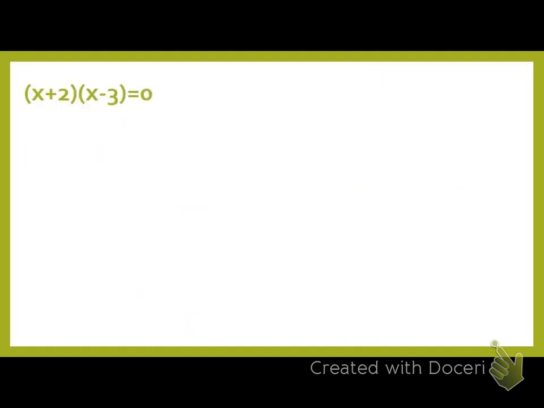Now, there are times where you came up with two factors, right? So two things getting multiplied together that you used to solve your quadratic equations also. So as long as your equation was equal to 0, right, then we can use what's called the zero product property, right? Do you remember what that was?